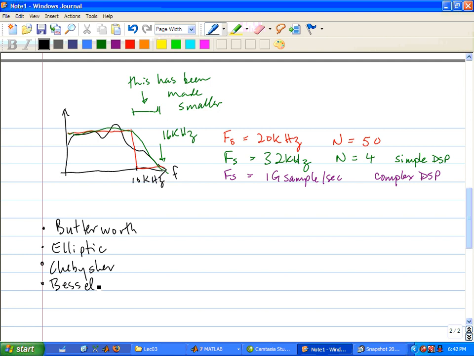And the question is, which is best for anti-aliasing? Any thoughts?